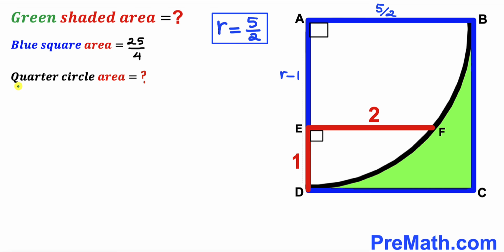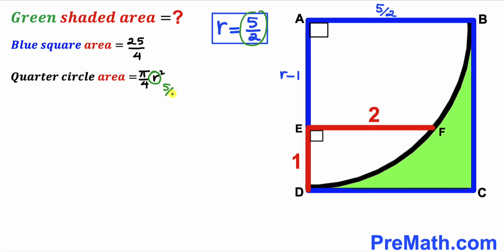Now we are going to calculate the area of the quarter circle as well. Let's recall the area of a circle formula: area is equal to pi r square, where lowercase r is the radius. So the quarter circle area is simply pi divided by 4 times r square. We know our radius r value is 5 divided by 2, so I'm going to substitute that value.